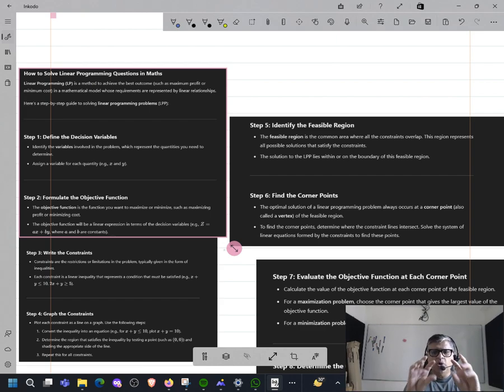Now your goal is to handle this objective function, right? So first step, create the decision variables, identify them. Second step, write that function which needs optimization. That's your goal, the best outcome you need, that equation: cost, least; profit, maximum.